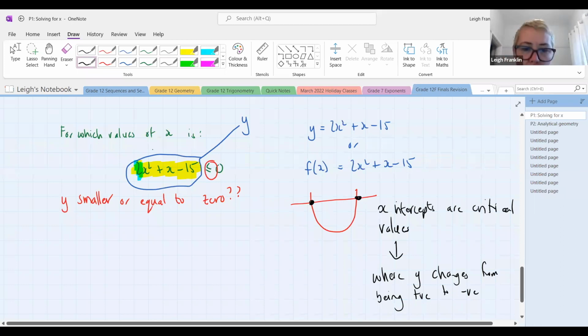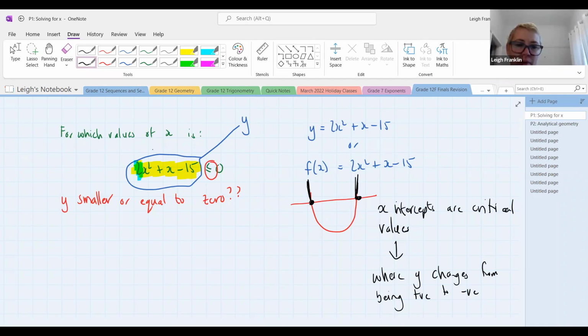Okay, so y will be positive when my parabola is above the x-axis. So in other words, in these regions over here. Y is going to be negative between my critical values. So in other words, that region over there.